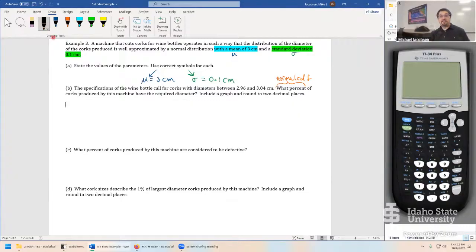Next thing we need to know is what's going in the calculator. So let's draw this quick normal model. This is N, and that's where they said it can be described by a normal distribution. The mean is 3 centimeters. Standard deviation is 0.01 centimeters.